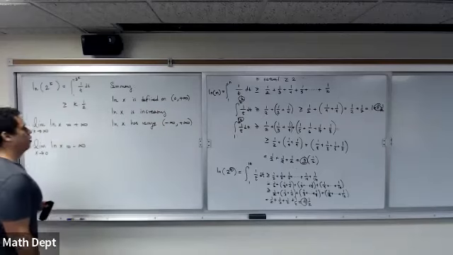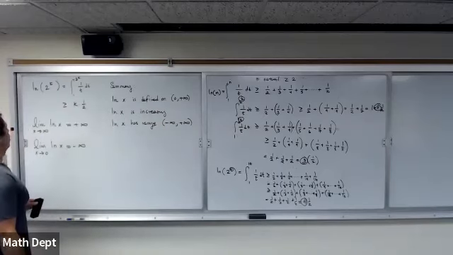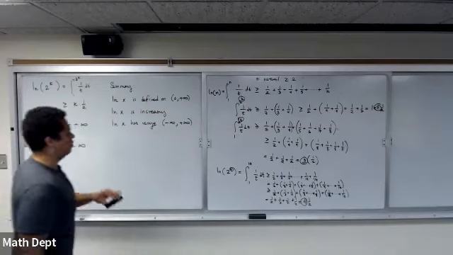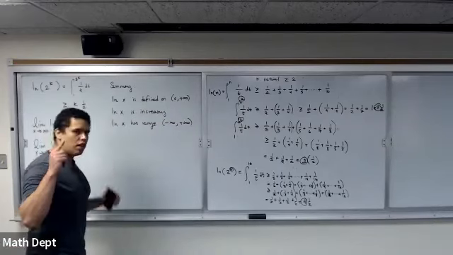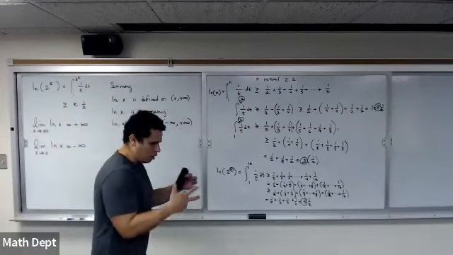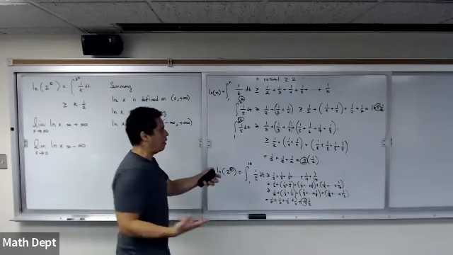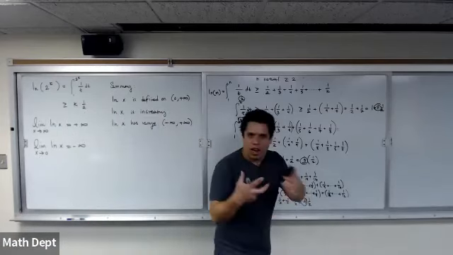So, this is something new. Let's do this. Is this function behaving now in the way that we expect? Meaning, does it satisfy the rules that we were expecting? Does it behave like a logarithm should?